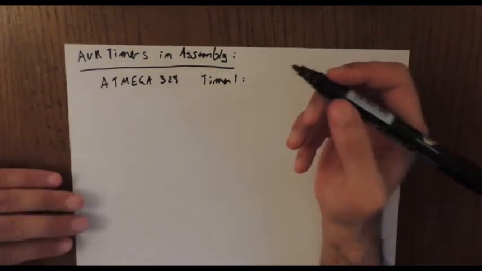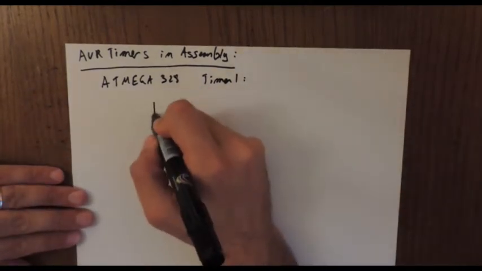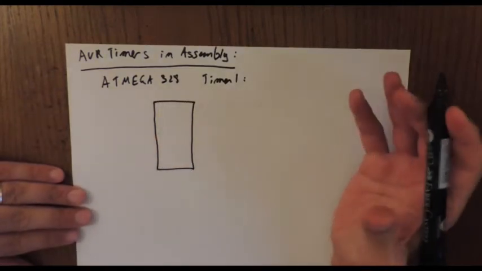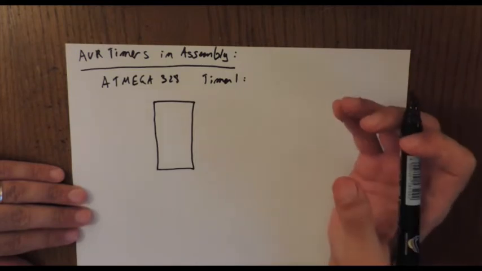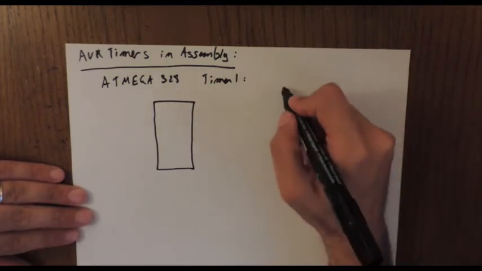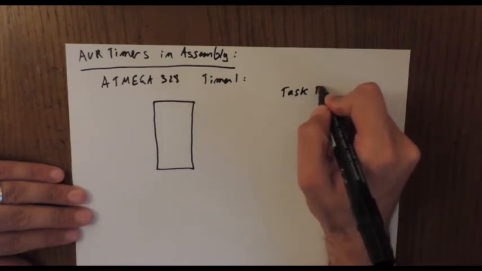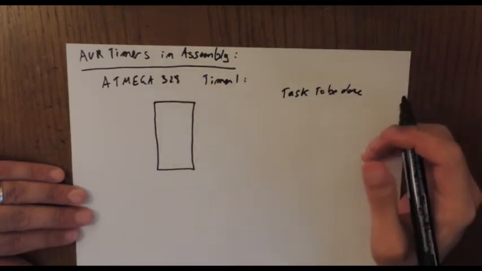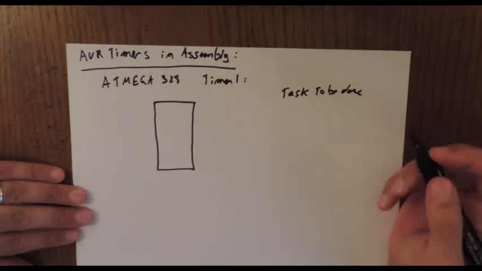What timers are used for in a microcontroller, usually it's for waiting a certain time and then after expiring you want to do something. So for example, you have a task to be done, like toggling a light or turning something on or turning something off.